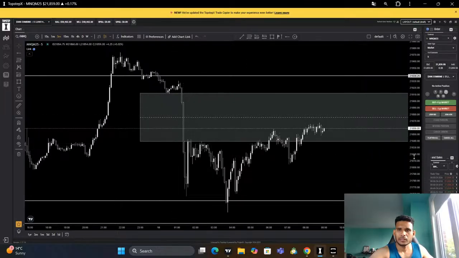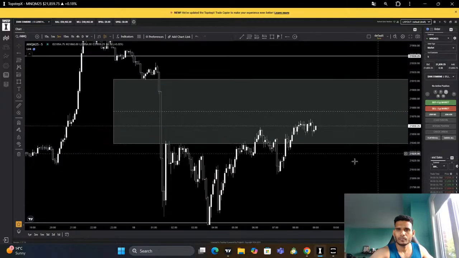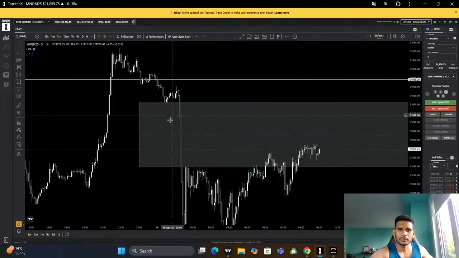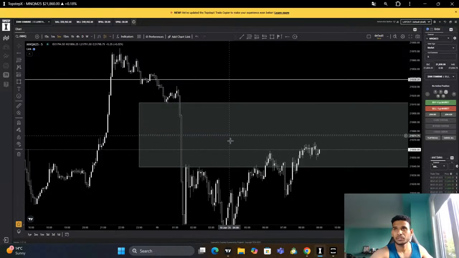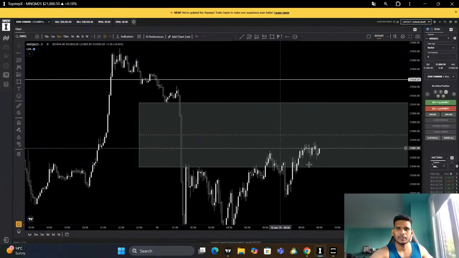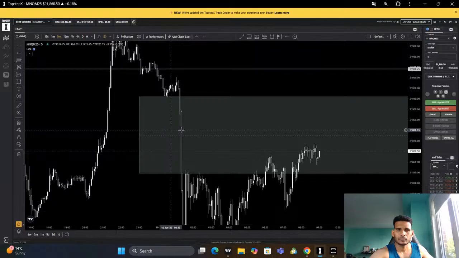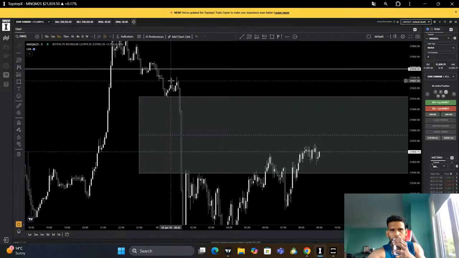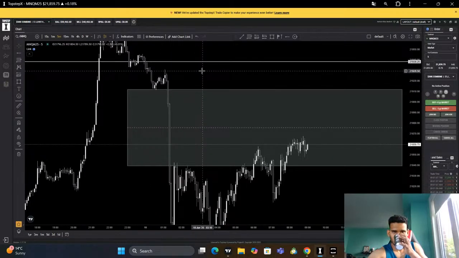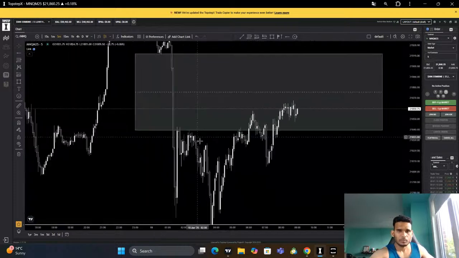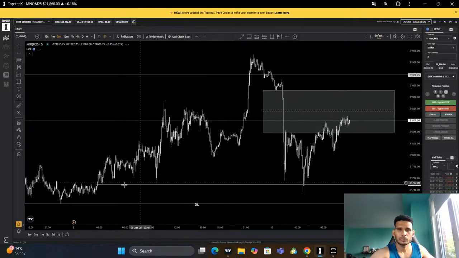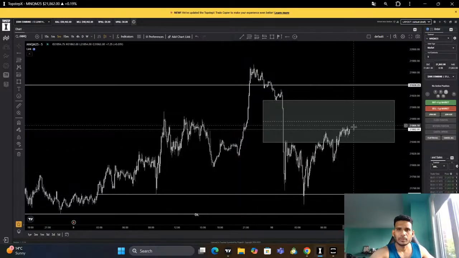Might be a new scandal or some event. So most probably it's a lot of liquidity and inefficiencies here. So price might take this high, and the price also sweeps this low, taps the 1 hour, starts to expand higher.